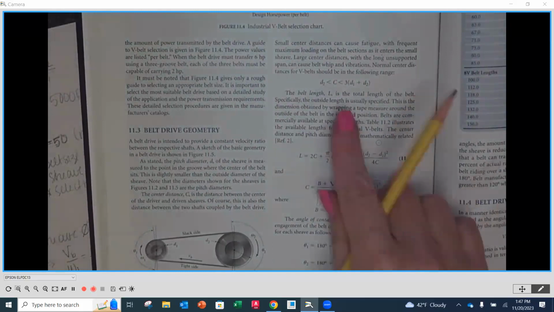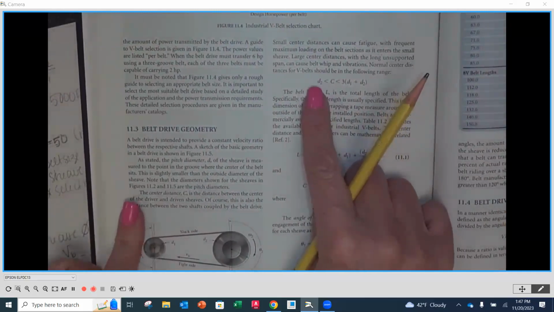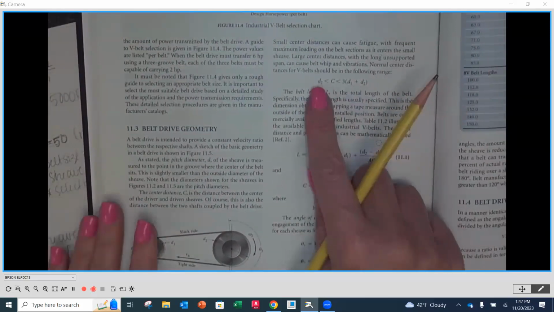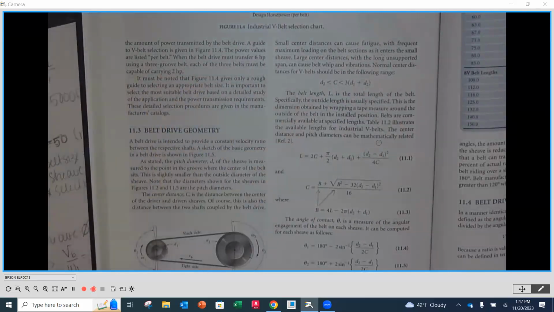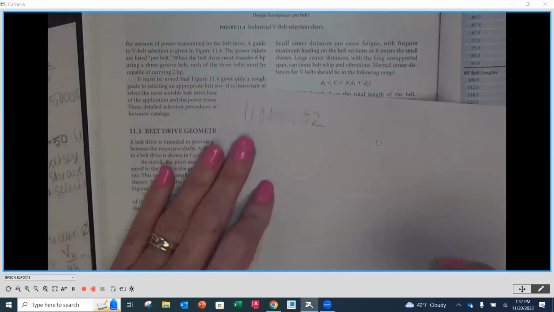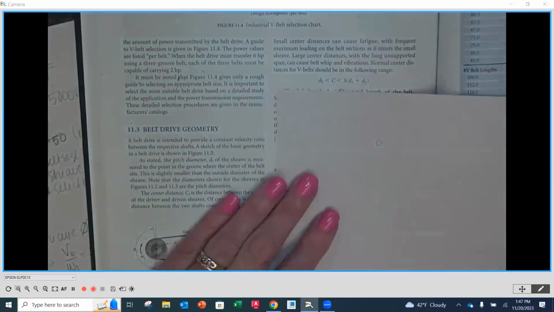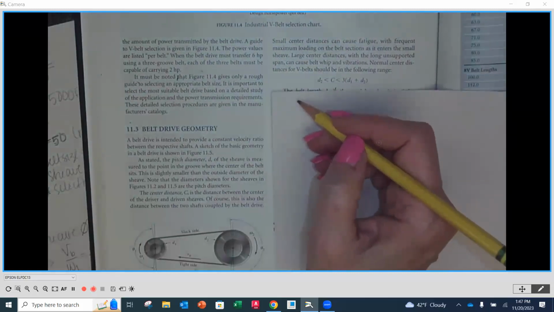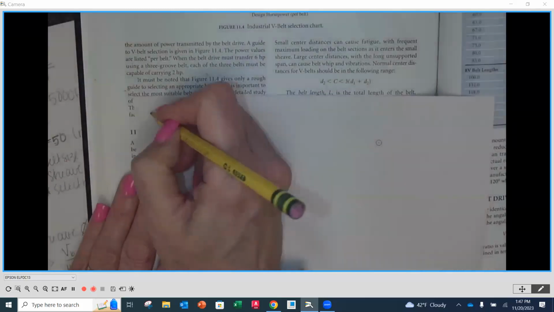So let's figure out what our range is. What is the smallest number and what is the largest number? I just got to look at where I'm at on my steps. Now we'll do step number 5.